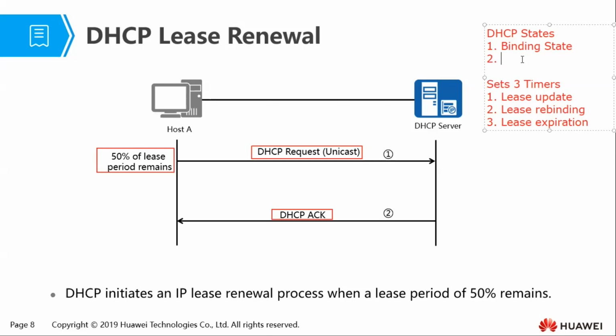When you get that, you enter what we call the initializing state. Initializing state is where you begin from when you don't have an address at all. So you have to send another DHCP request, which is a broadcast, so that you can reach all the DHCP servers that are there.